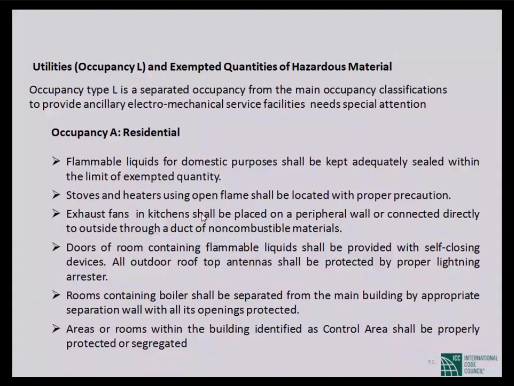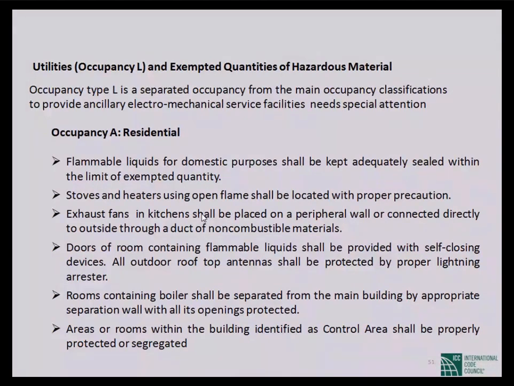Depending on these two, you can store this type of flammable liquids in your utility areas. So again, depending on your occupancy, you have different types of utility materials which you can store based on your exempted quantity.